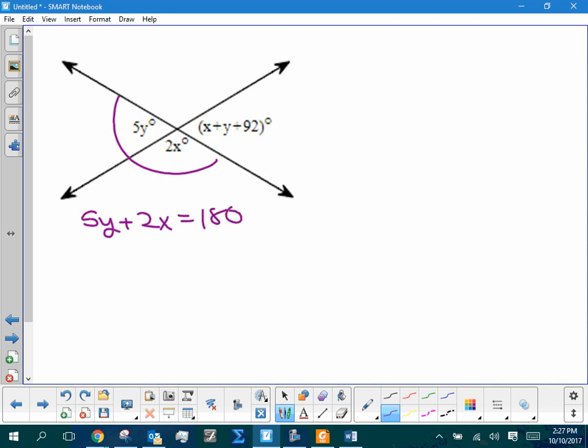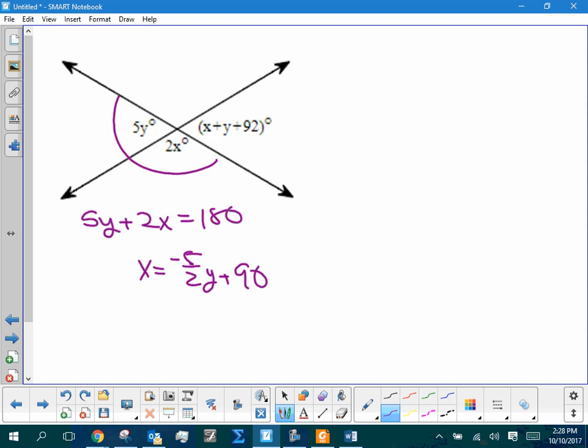Now the reason this equation is problematic is because it has two variables, right? And you could go through some work here to solve for x maybe. I'm just going to do this real quick. We can say that x ends up being 90 minus 5 halves y. Just isolate x and solve for x. But that really doesn't give us anything because I still have y in the equation.